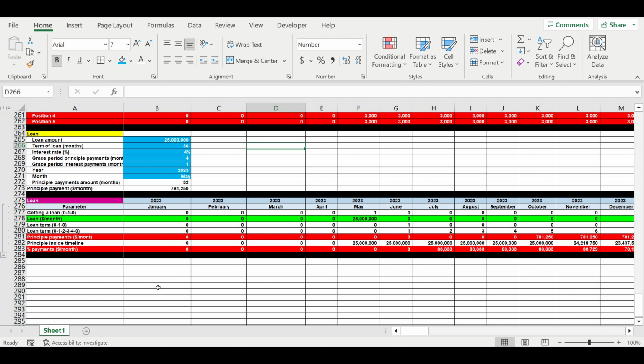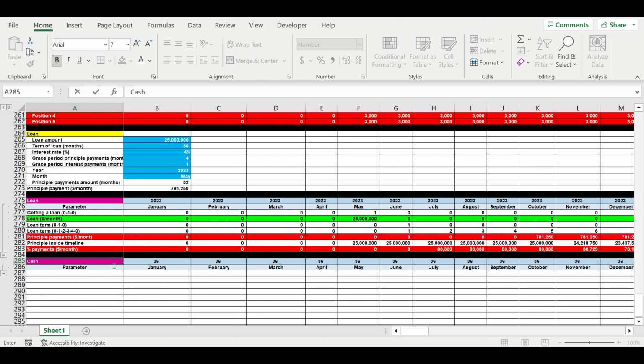So now let's consolidate all this data that I was just showing you in the statement. I will be creating a new timeline for the cash flow statement. Cash flow statement.